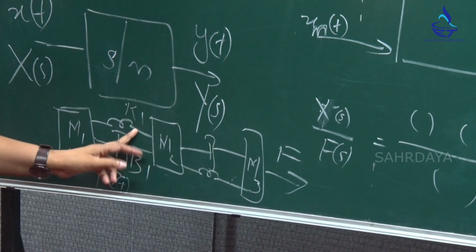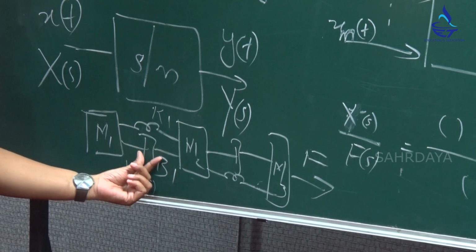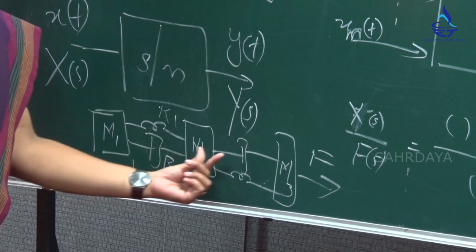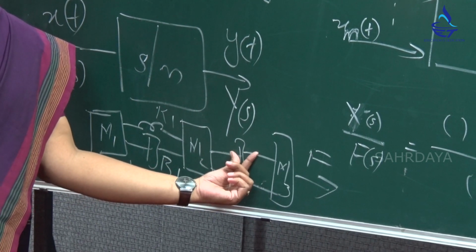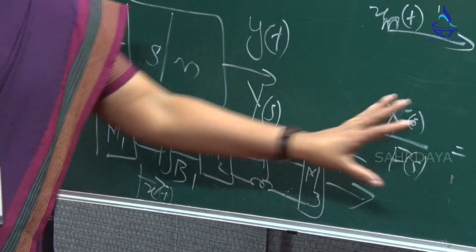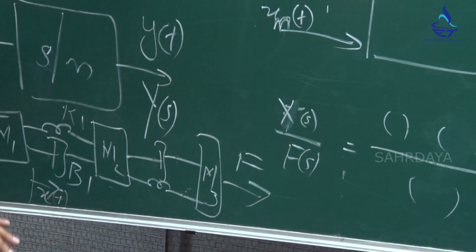If you are interested in knowing what is the position of the spring, or what is the velocity, or what is the rate at which this frictional element is moving, or what is the position or the velocity of this intermediate element, you will not be able to obtain that in the transfer function case.